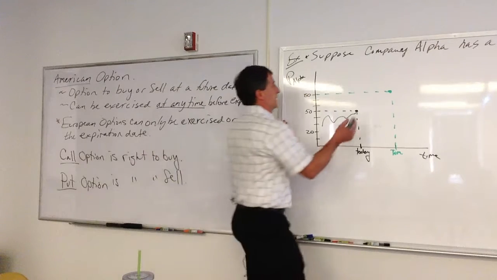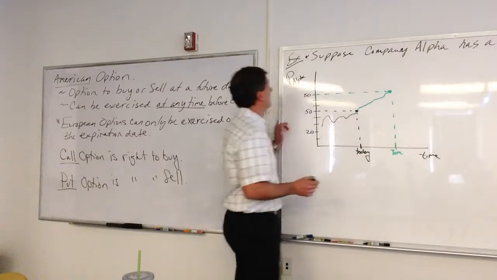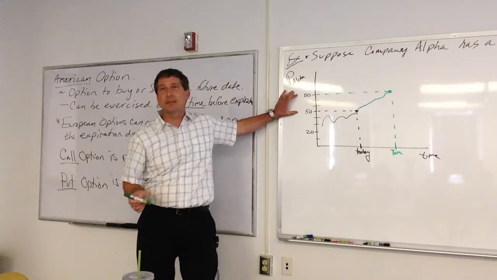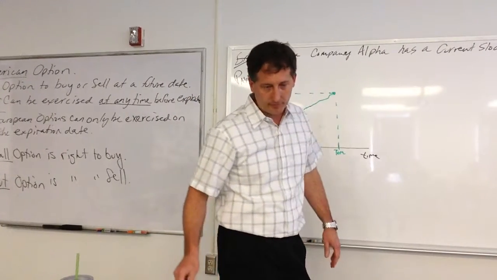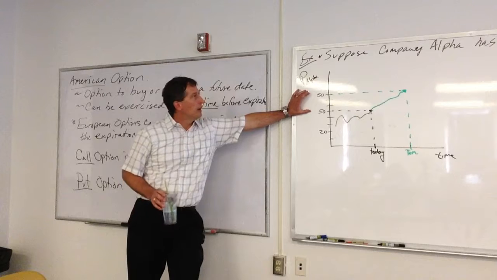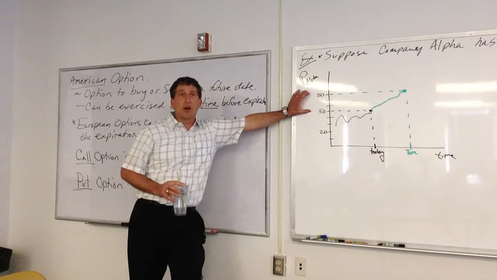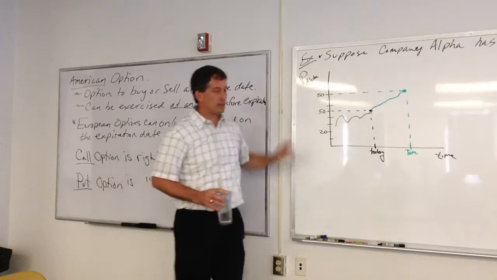So if we think company Alpha is going to shoot up to 80, what would be our move? Buy a call. Or just buy it, a long position, right? So buy low, sell high. This is kind of our starting place just to think.